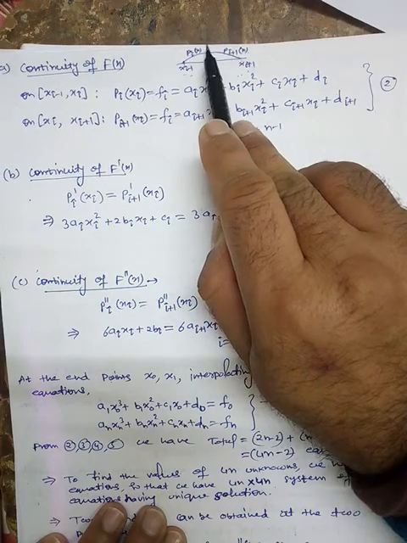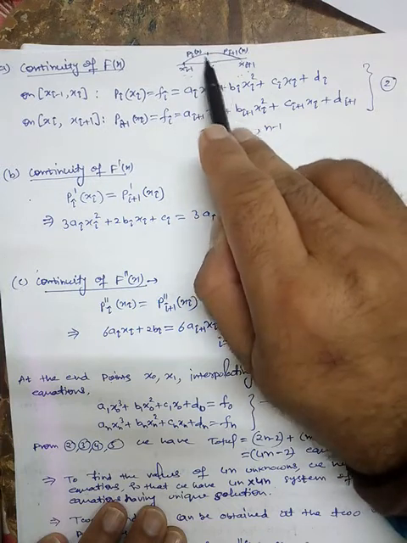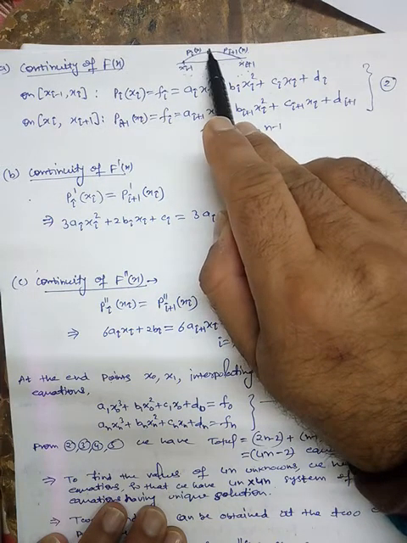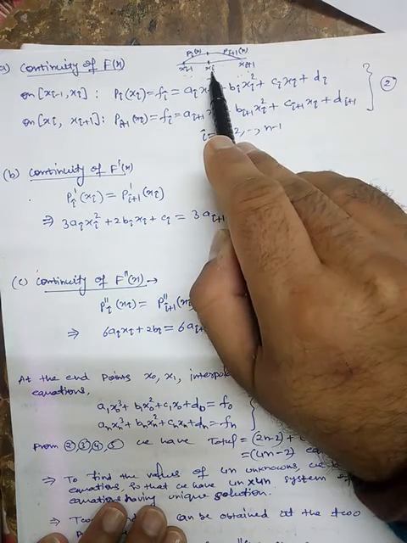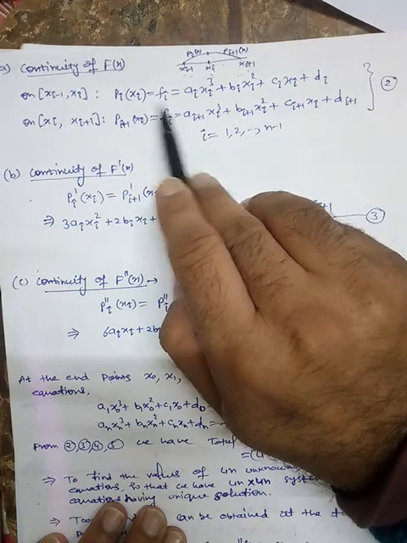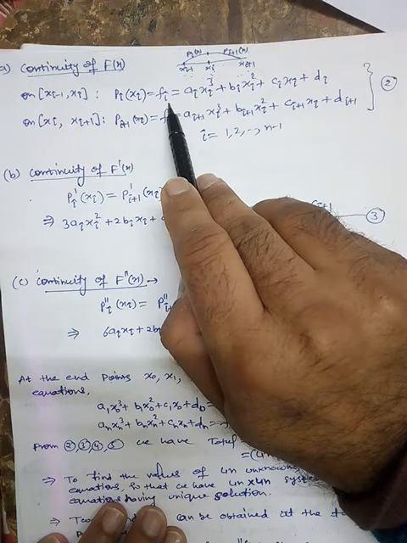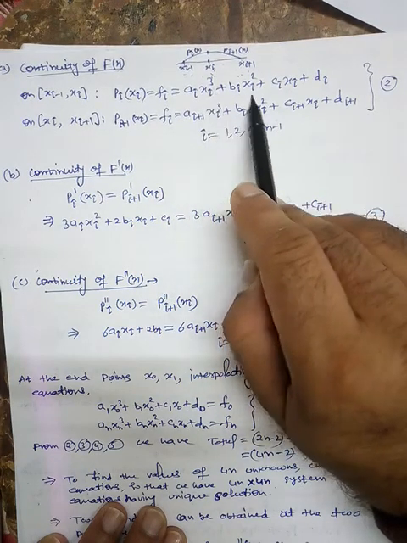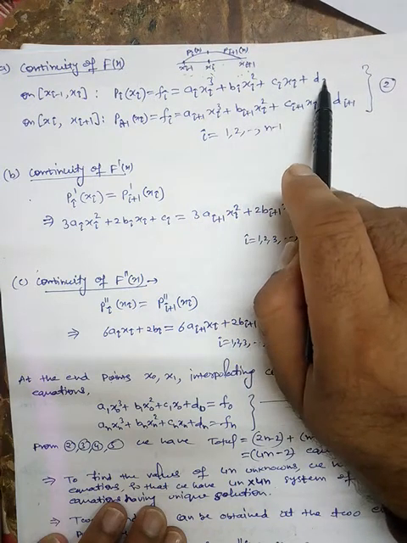What is the meaning? It means pi at this point should be the same as the value of the function f, small f, given at this point. That means it satisfies the interpolating condition. So pi of xi is equal to fi, which is nothing but ai xi cube plus bi xi square plus ci xi plus di.